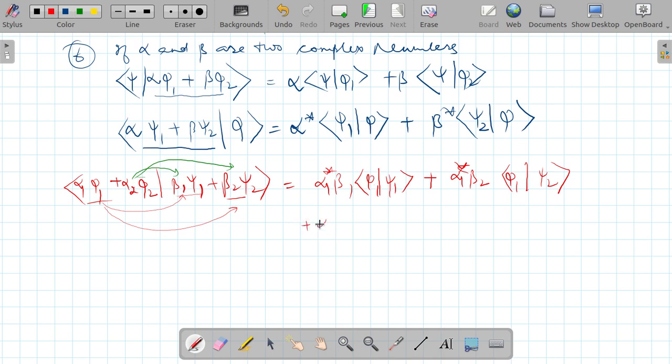So plus alpha 2 beta 1, but it is with the bra vector, so the complex conjugate of this number is also sitting with it, and it is phi 2 psi 1, plus alpha 2 star beta 2, phi 2 psi 2, right?